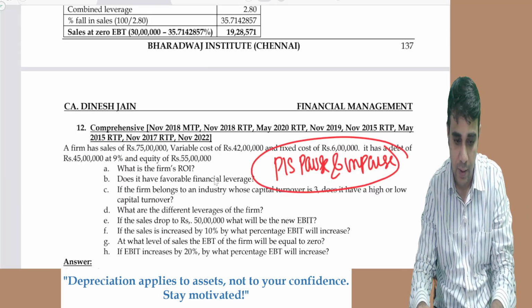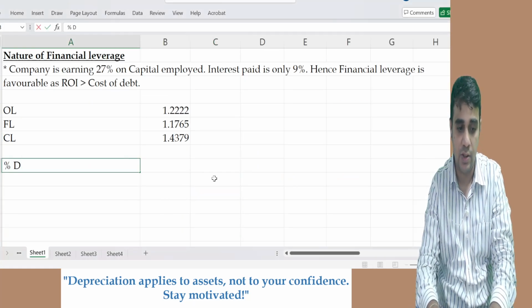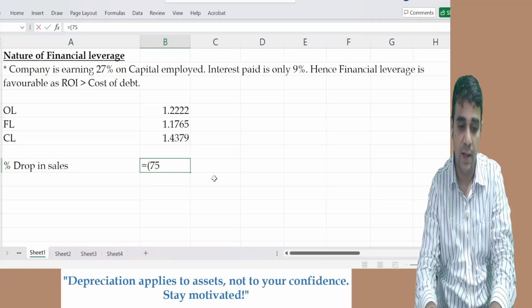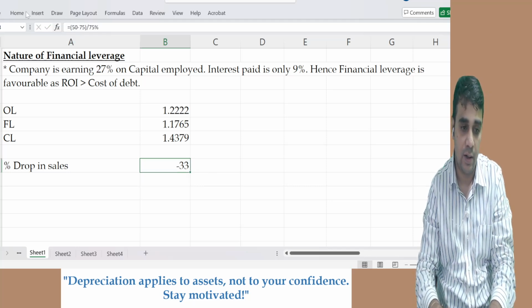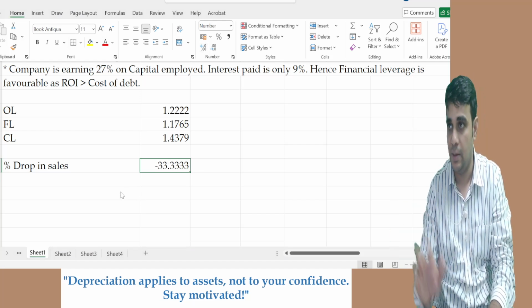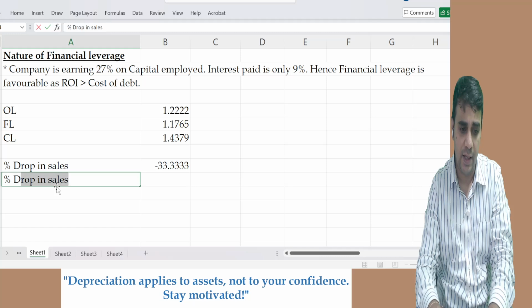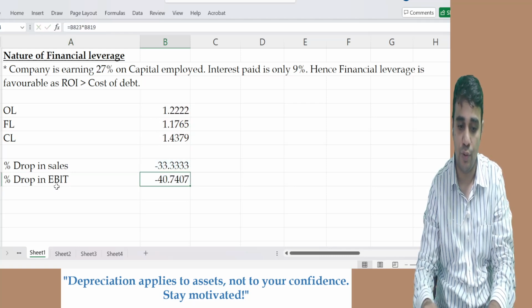Then the next requirement is if sales drop, so the percentage drop in sales is 50 minus 75 divided by the base number 75, that is 33.33333 percentage. Operating leverage is 1.2222. Percentage drop in EBIT is this into 1.2222.